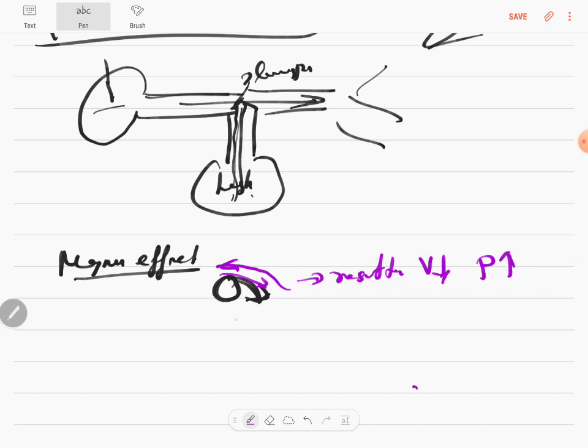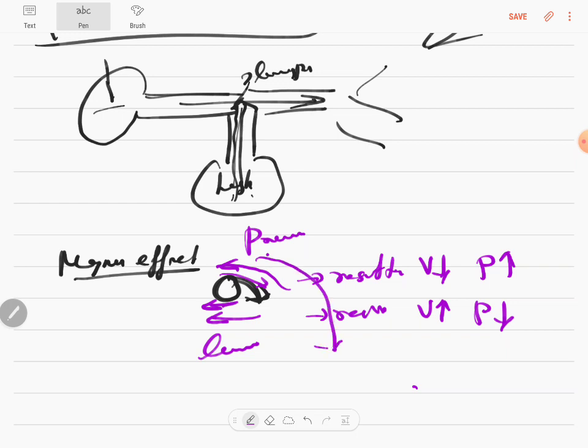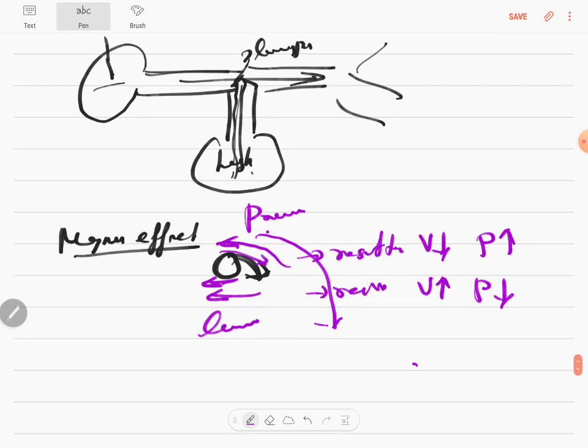Whereas at the bottom, the air is getting pushed back and the spinning is also happening in the same direction, so resultant velocity increases, and so the pressure decreases. So there's a low pressure at the bottom and a high pressure at the top, and therefore the ball gets pushed down in not exactly a parabolic trajectory. It takes an unexpected curved path, the spinning ball, and that's known as the Magnus effect.